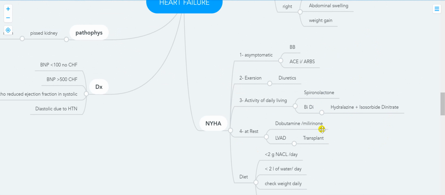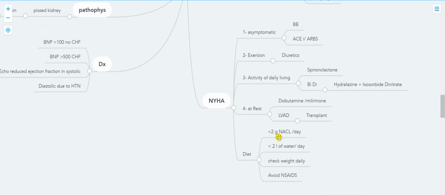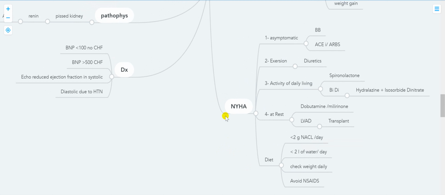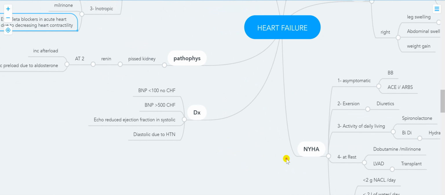If it's at rest, you do dopamine, and as a last resort, transplant or device. And you advise them to have less than 2 grams of salt, less than 2 liters of water, check weight daily, and avoid insults. That's outpatient management.